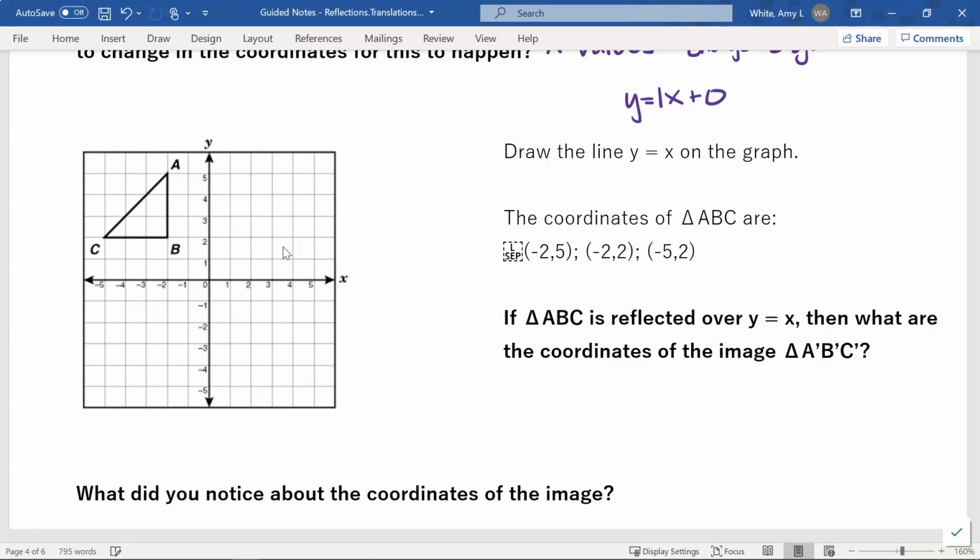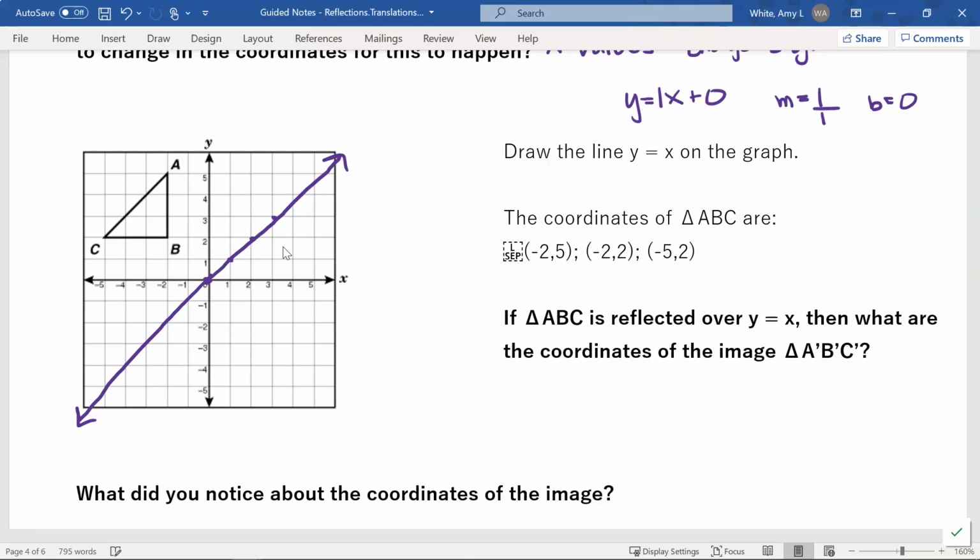So in this case, my slope is positive 1, which would also be known as 1 over 1, and my y-intercept is 0. So if I wanted to graph my line, I would start at my y-intercept. I would go up 1 over 1, up 1 over 1. And we're getting this line that has a slope of 1 and starts at our origin. So it kind of cuts our coordinate grid diagonally in half.